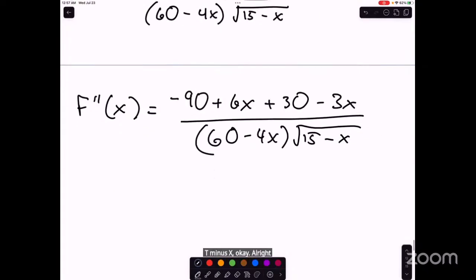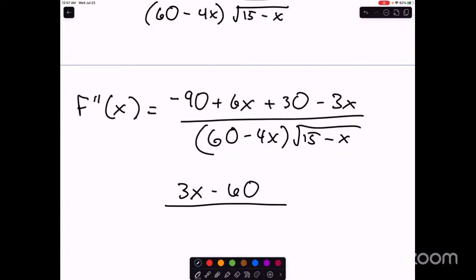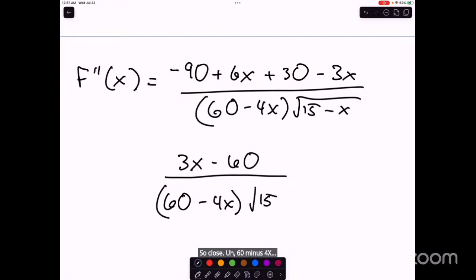All right, so then I am getting 3x. What is that, a negative 60? So close. 60 minus 4x times the square root of 15 minus x.